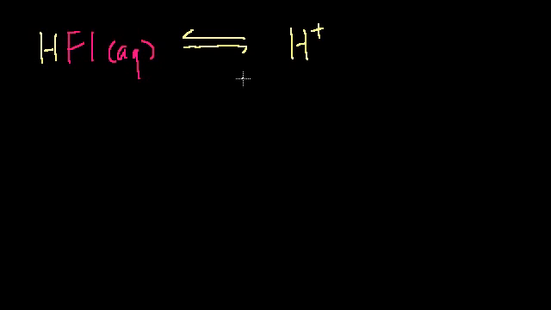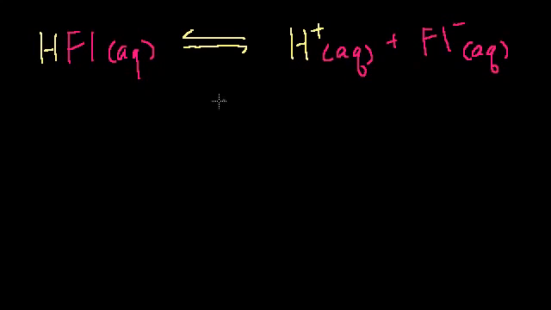And sometimes, in reality, it tags a ride along with another water molecule and forms hydronium. And of course this is still aqueous. Everything is going on inside of water. And then you have left over your fluoride anion, or negative ion, and that's also in an aqueous solution.